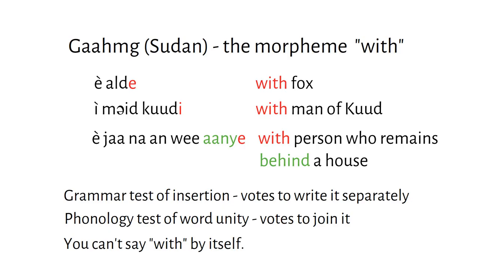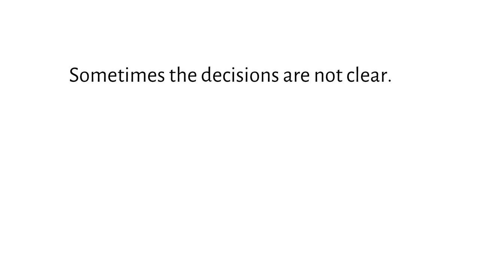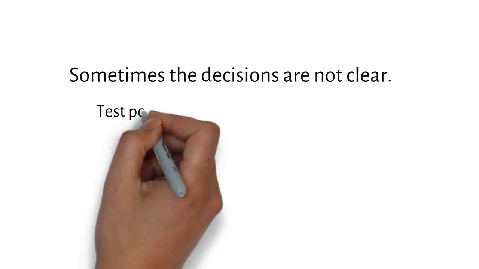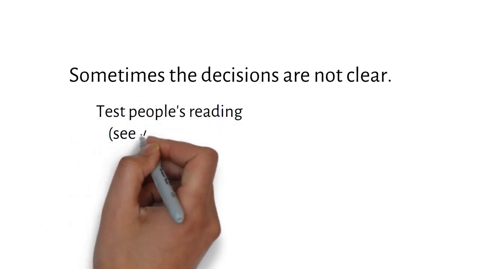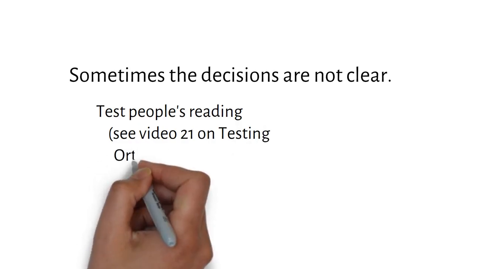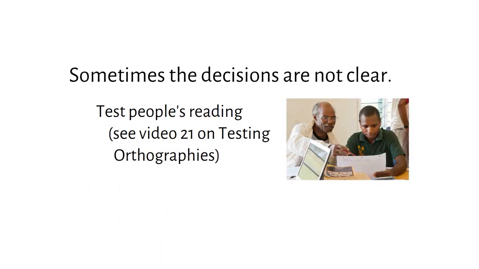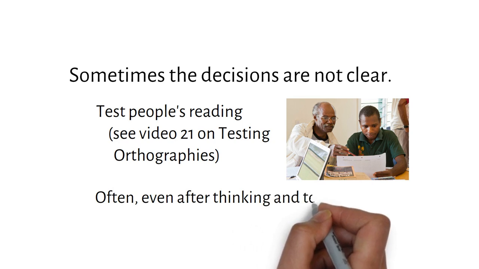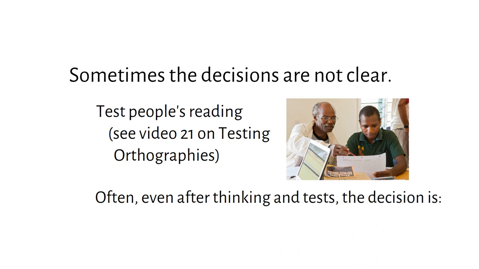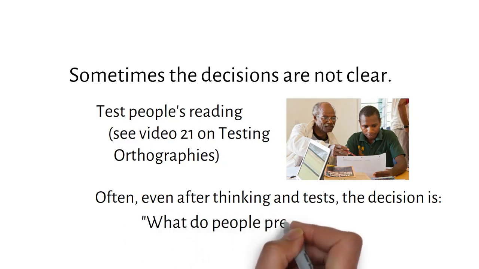The votes are in favor of joining with, and that is what they did. Sometimes the decisions are not clear. It is good to test people's reading to see if people read one way better than another. See video 21 on testing. And often, even after thinking a lot and doing all the tests, the decision is just, what do people prefer?